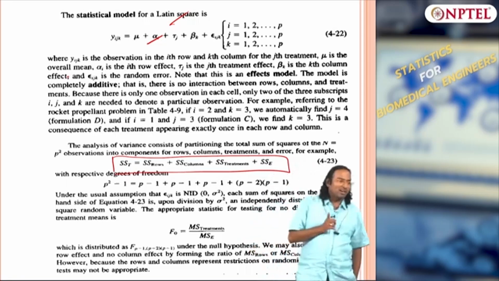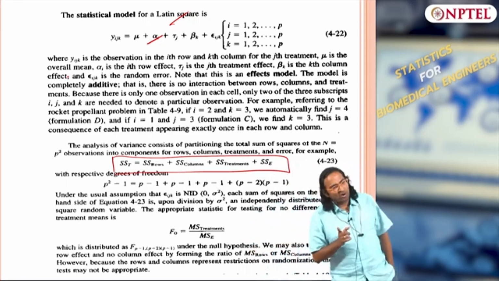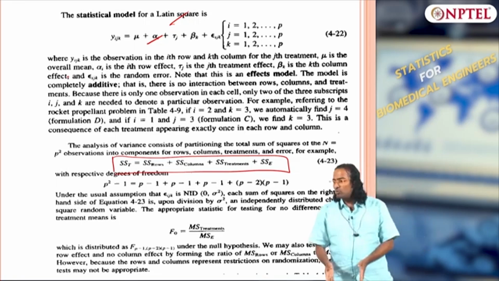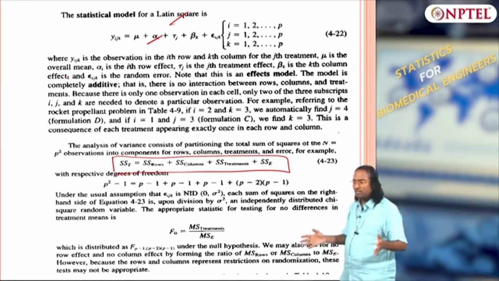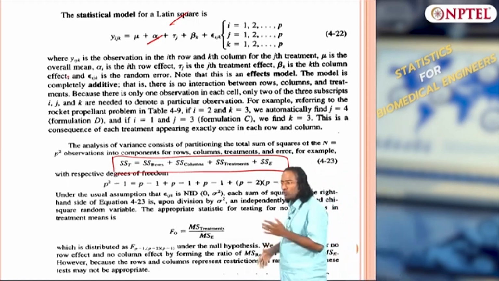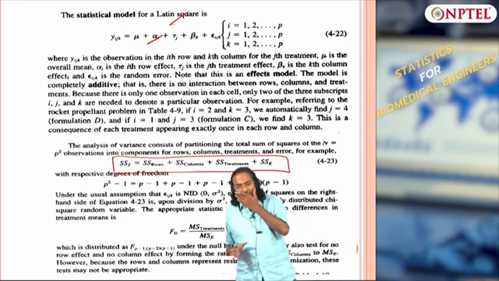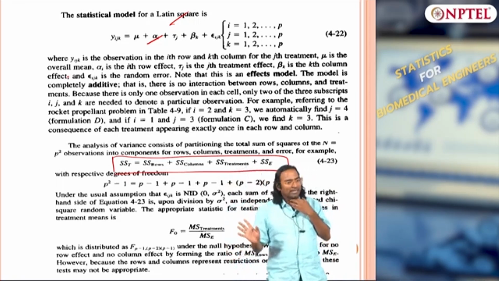The treatments are not interacting with rows, and rows and columns are not interacting with each other. That is the assumption. That is why I could simply split the total sum of squares into treatment, rows, columns and error. Clean. So this is a no-interaction model.